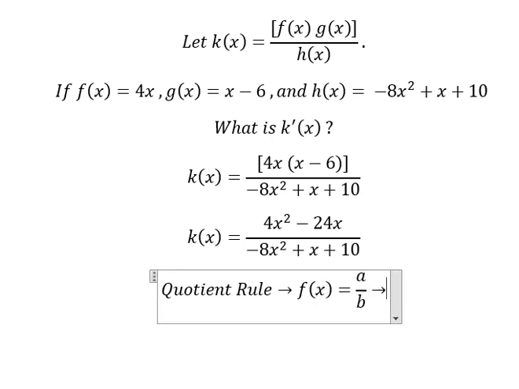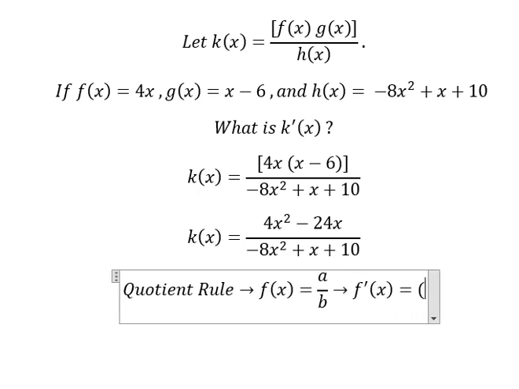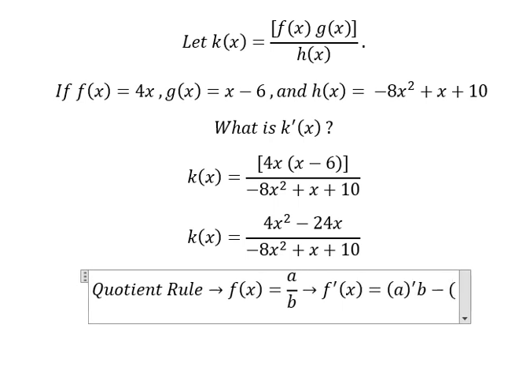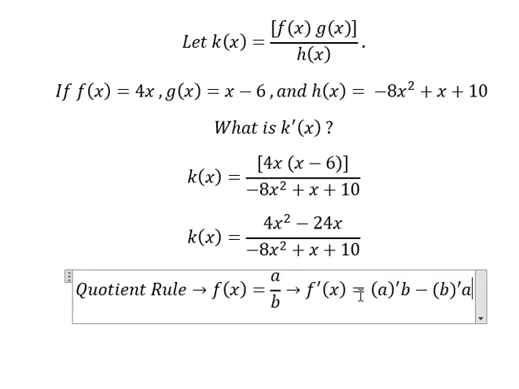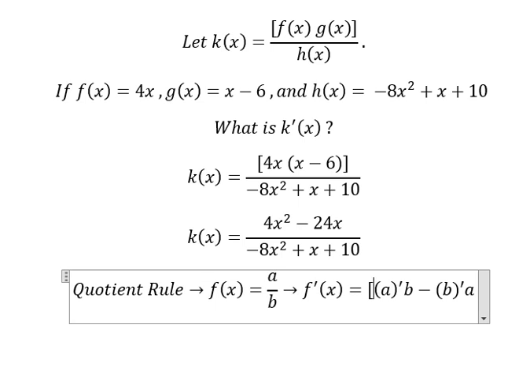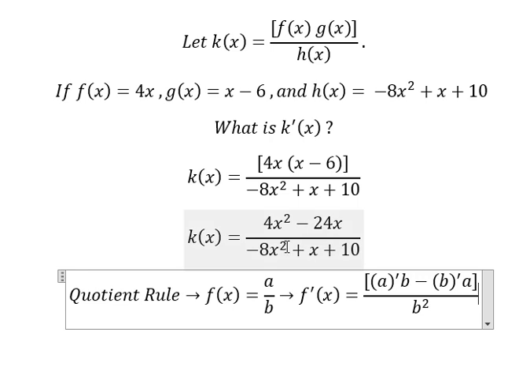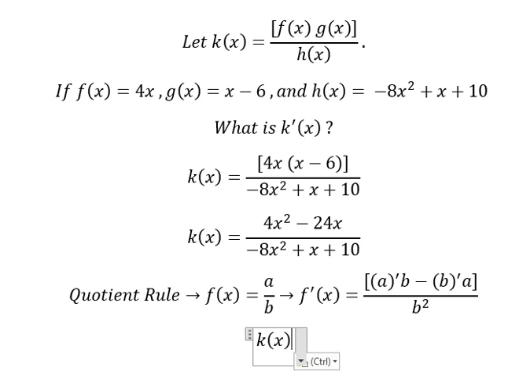So if we do first the derivative, we need to do first the derivative of 8 multiplied by b minus we do first the derivative of b multiplied by 8, over b squared. Now we can apply this formula here, and now we have like this.